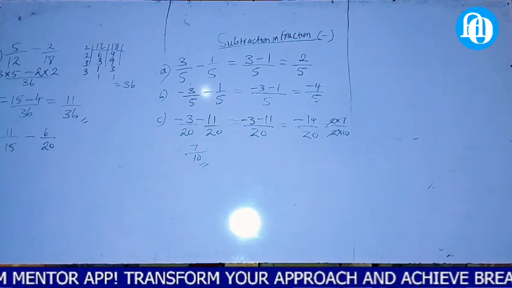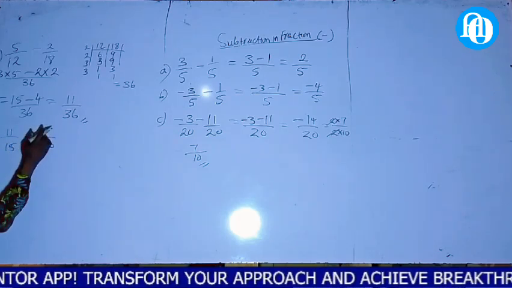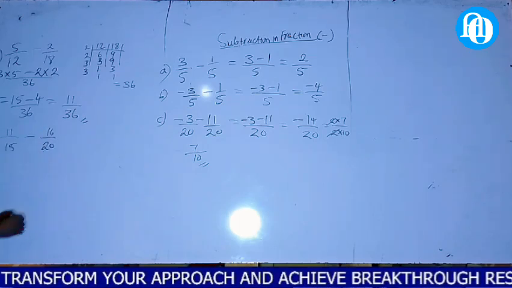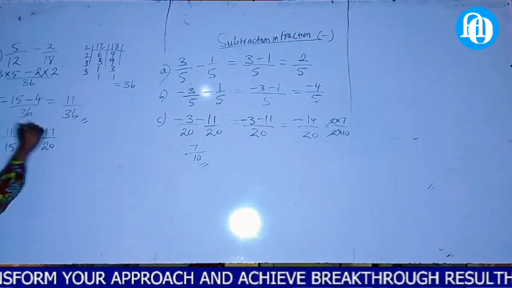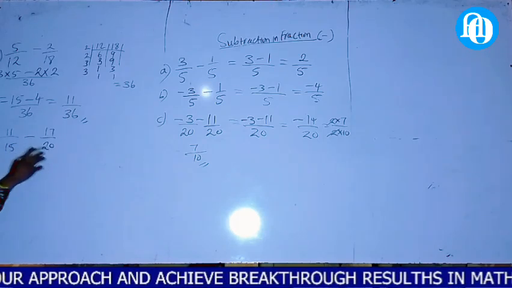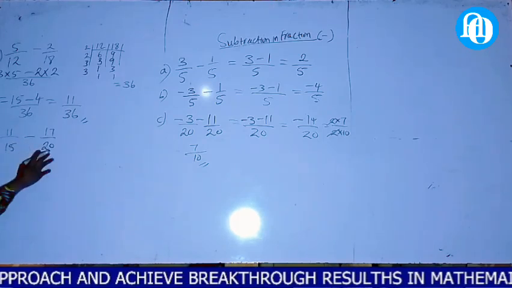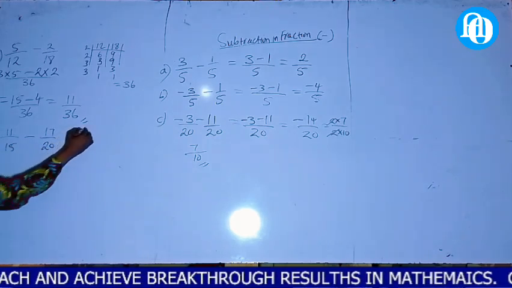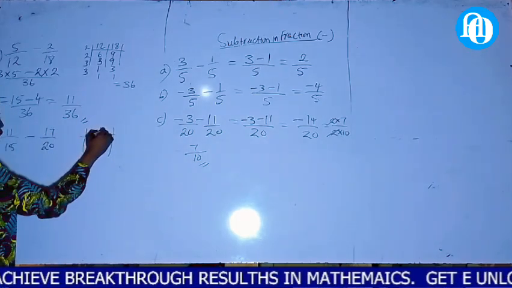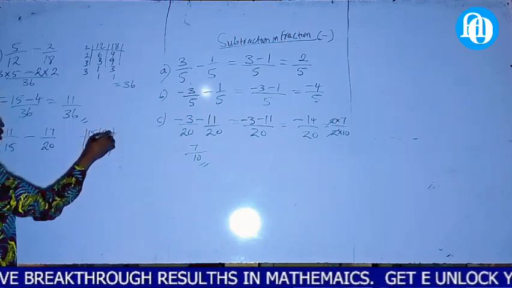Let me put 17. Now, like this one, how can we solve this one? They are not the same family, they are not the same denominator. You need to find the LCM first. Now, 15 and what? And 20.